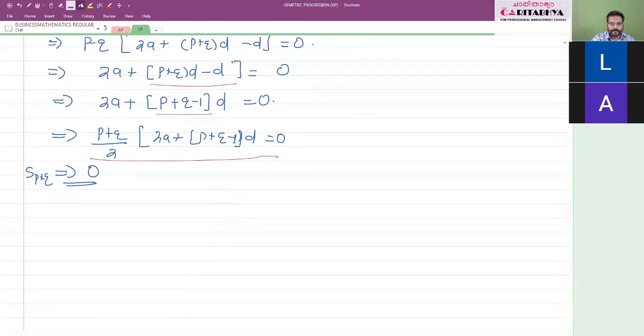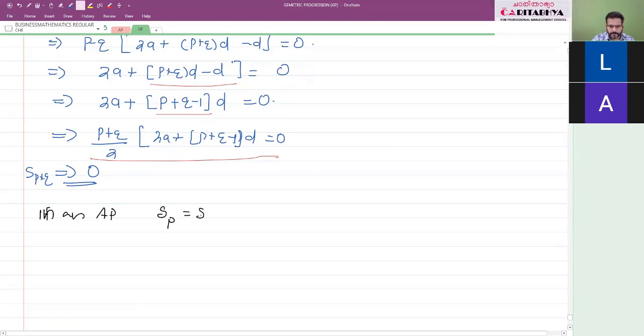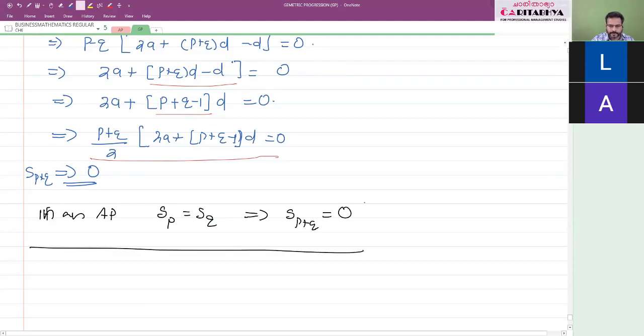So another property: in an AP, if the sum of P terms is equal to the sum of Q terms, then the sum of P plus Q terms is equal to 0.